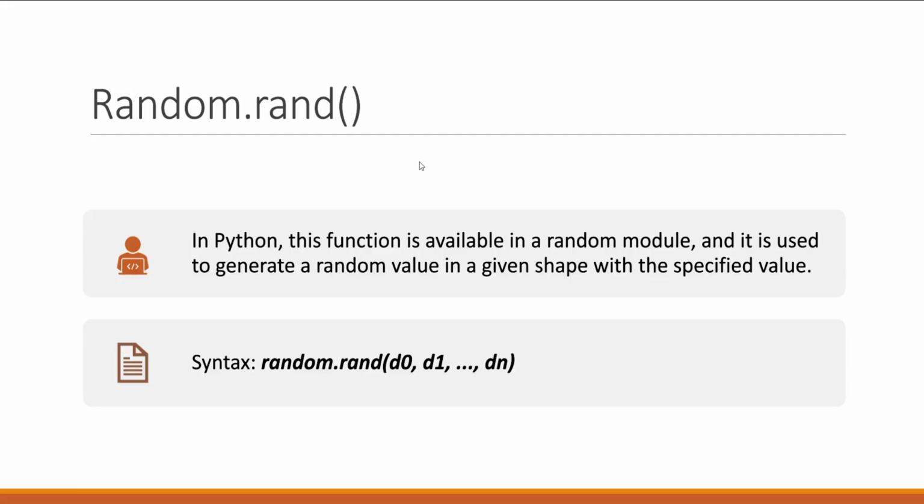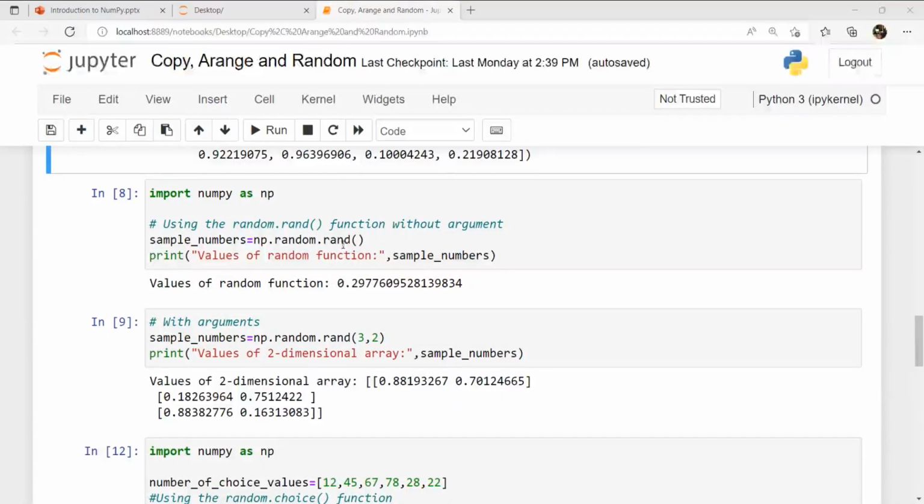Now let us see an example of how to use the random.rand function with and without an argument. In this example we use numpy.random.rand without any argument, and it returns only a single value. In the next case, we pass the dimensions as an argument, that is 3, 2, which indicates the number of rows and columns. After executing this code, it displays a two-dimensional array with decimal values.